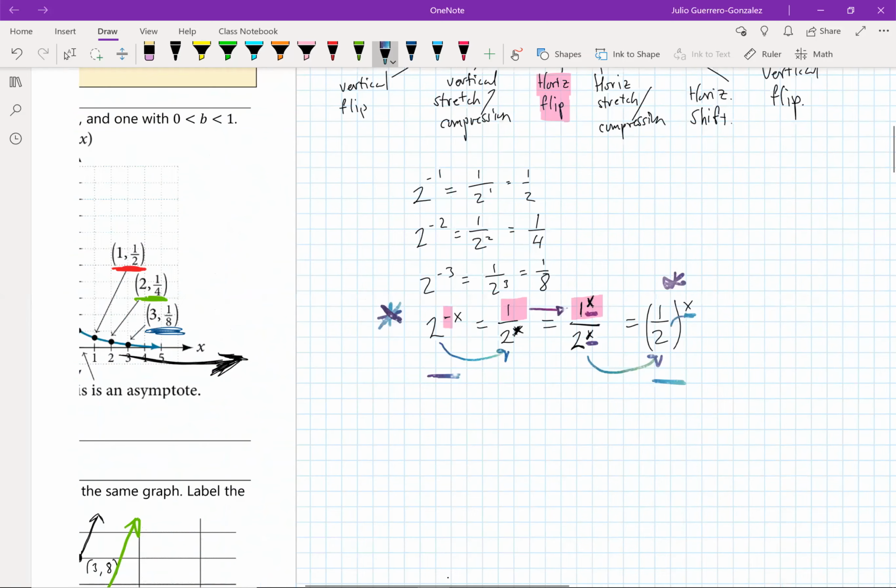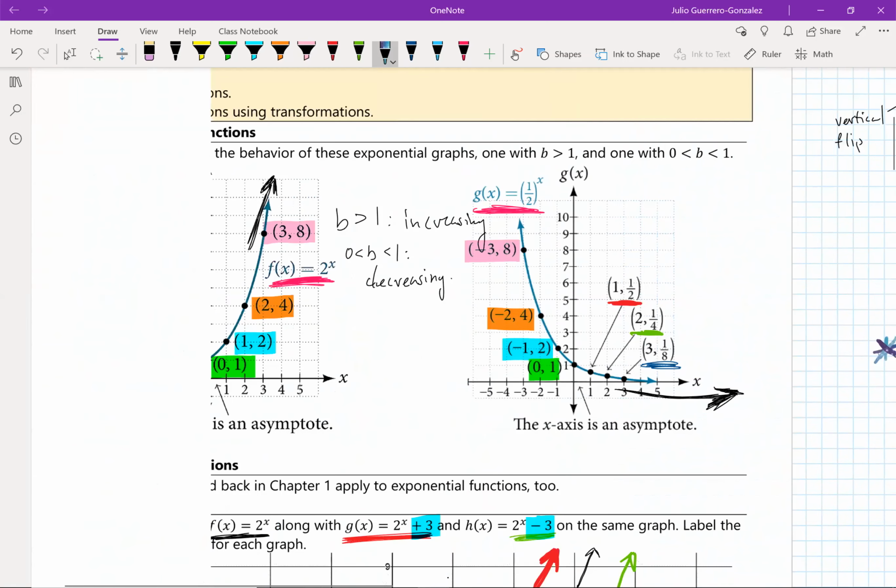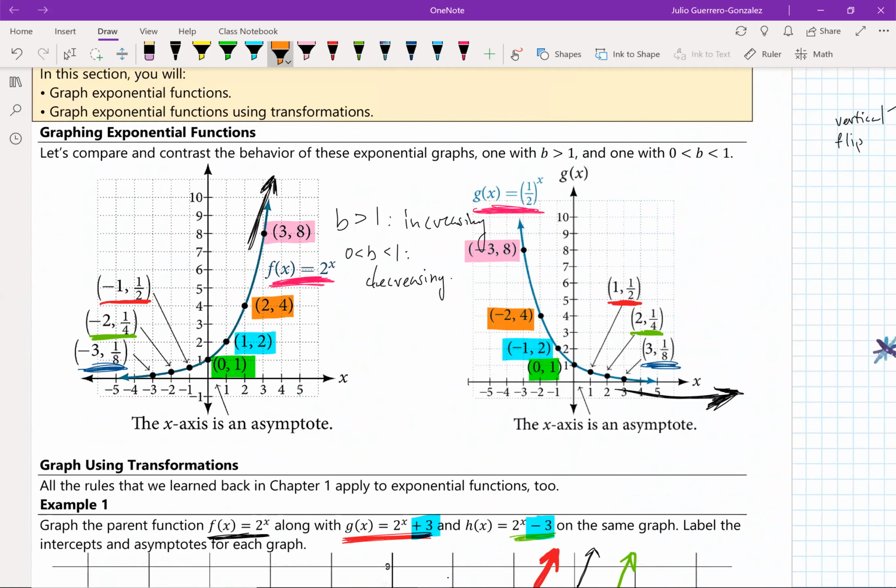So therein lies what I wanted everybody to see, that this function right here, the 1/2 to the x, is the flip, but the x is negative.